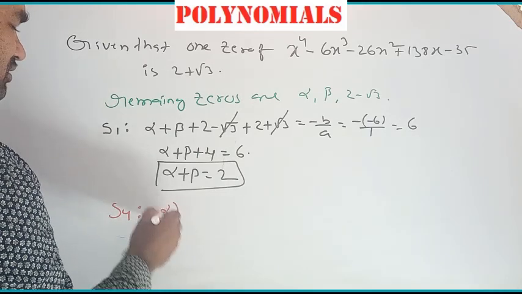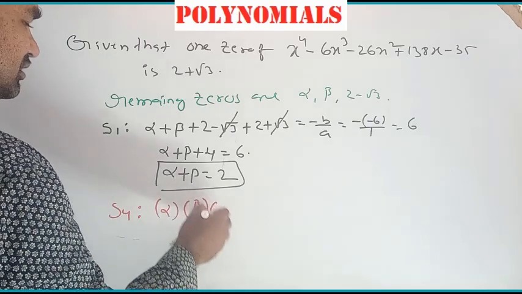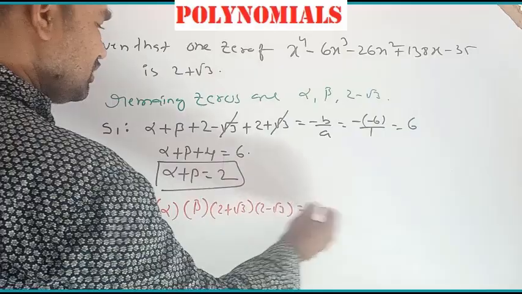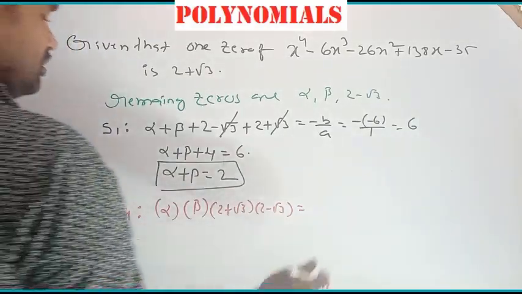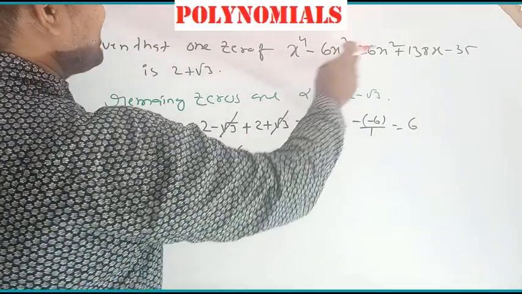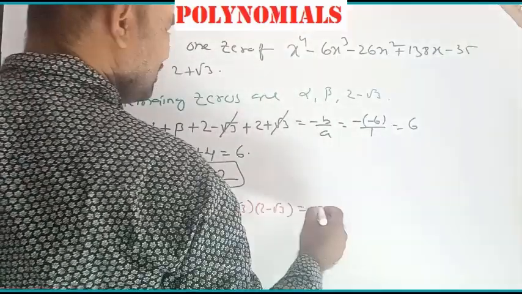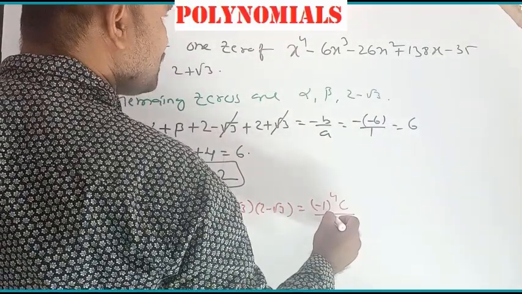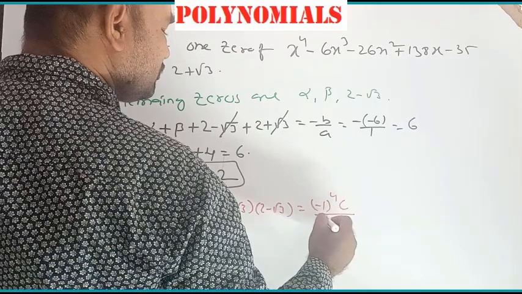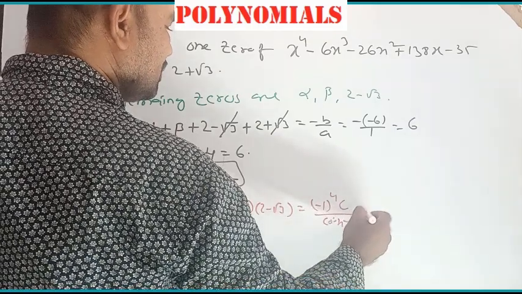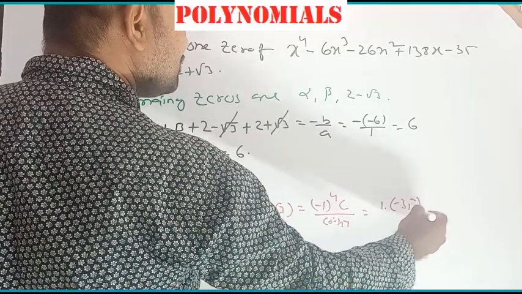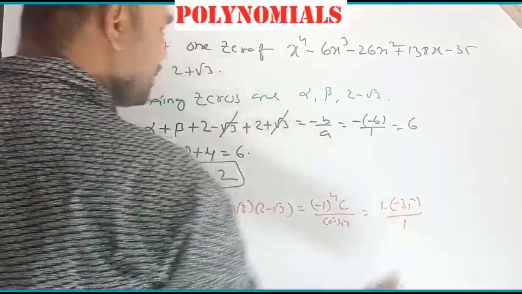So alpha into beta into (2 plus root 3) into (2 minus root 3) equals (minus 1) power 4 into constant divided by coefficient of x power 4. That is equal to 1 into c, here minus 35, by coefficient of x power 4, which is 1.